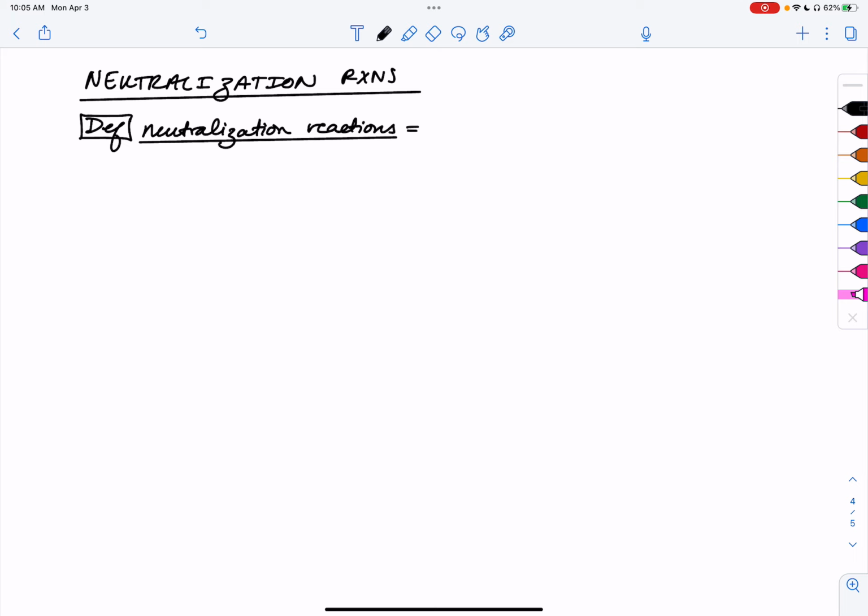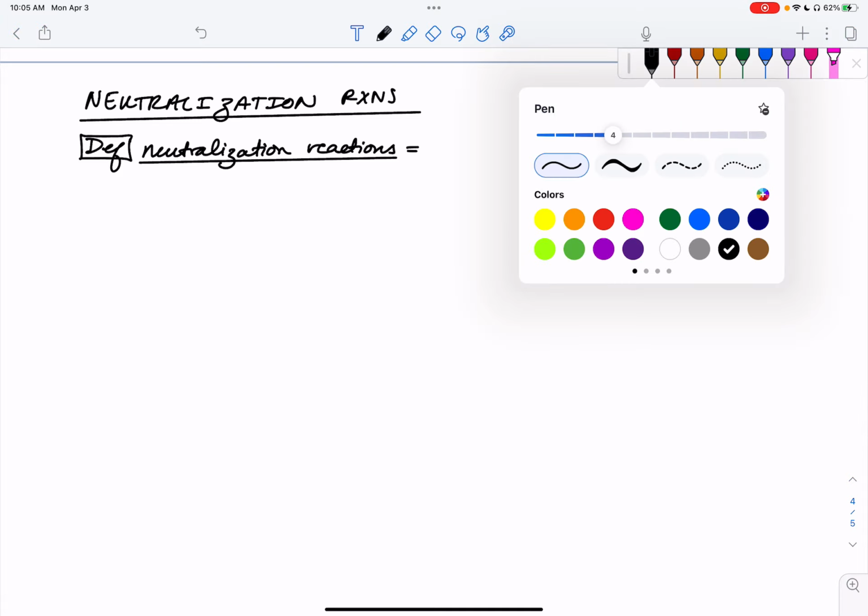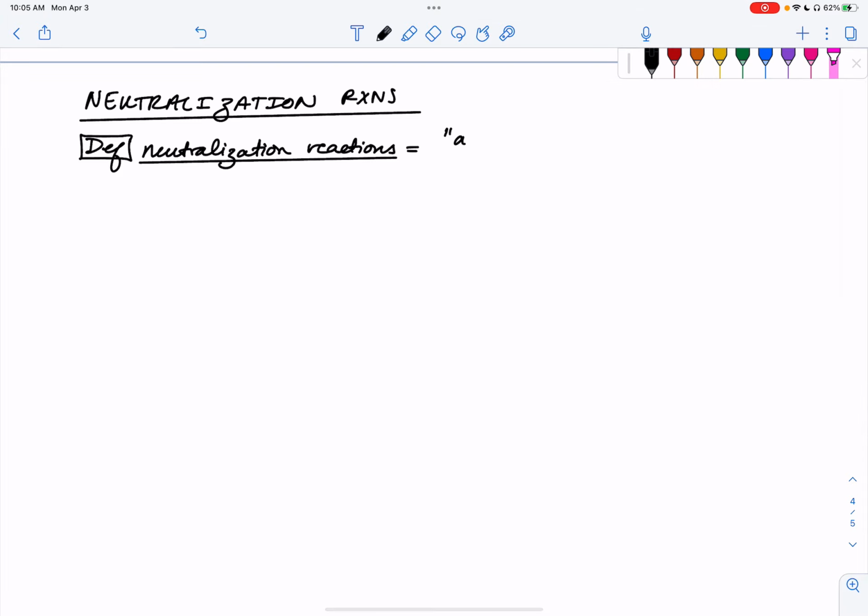April 3rd, where we are now going to discuss what a neutralization reaction is, since we are now equipped with what an acid is and what a base is from our three different perspectives available to us. So in the simplest sense, a neutralization reaction is what we call an acid-base reaction.